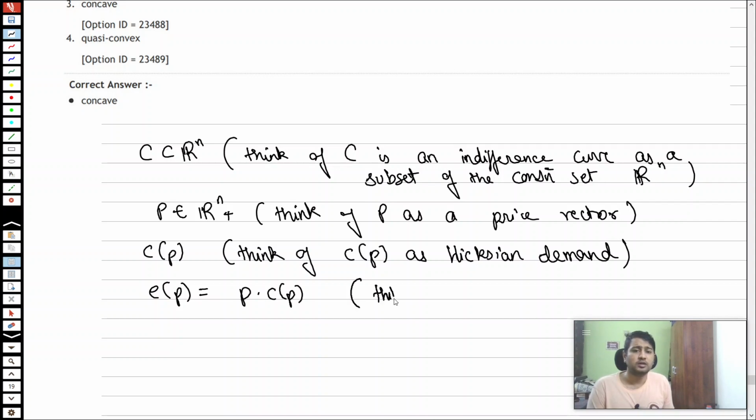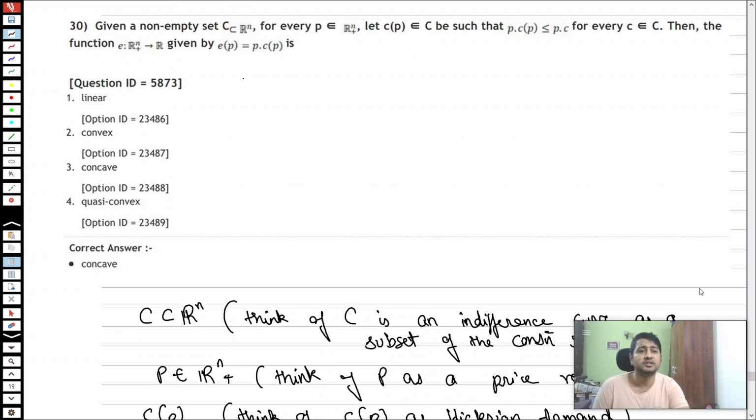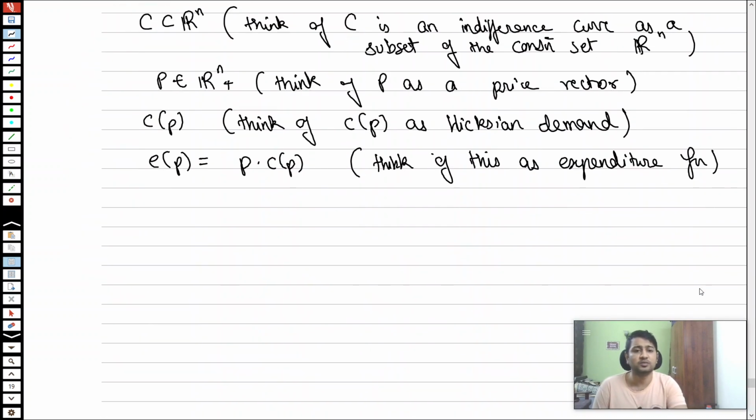think of this as the expenditure function. So what they've basically asked you to show is about this expenditure function. Is it linear? Is it concave, convex, quasi-convex? What is it?